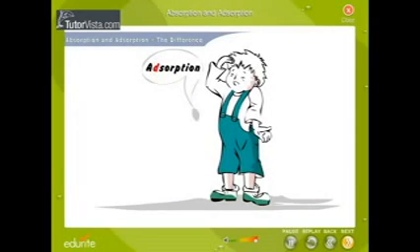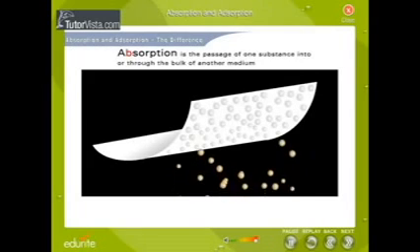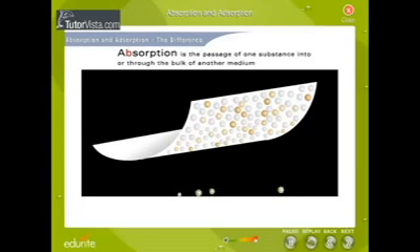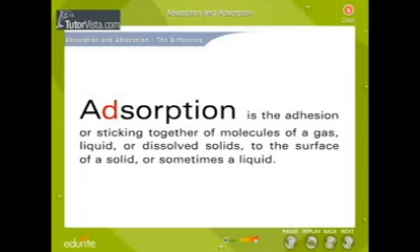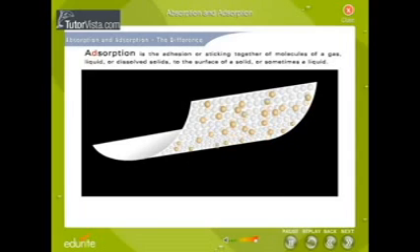Let's understand absorption and adsorption a little better. Absorption is the passage of one substance into or through the bulk of another medium. The absorbed substance spreads to saturate the whole of the medium to form a solution. The mixing with the other medium's environment is so well that one fails to recognize its existence as a separate entity. In contrast, what happens during adsorption? Adsorption is the addition or sticking together of molecules of a gas, liquid, or dissolved solids to the surface of a solid or sometimes a liquid. The molecules are loosely held by the surface and can easily drop off.